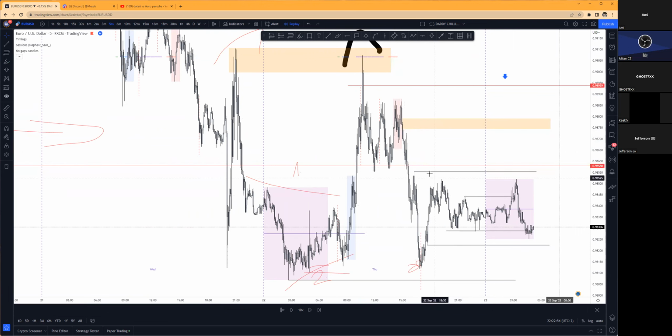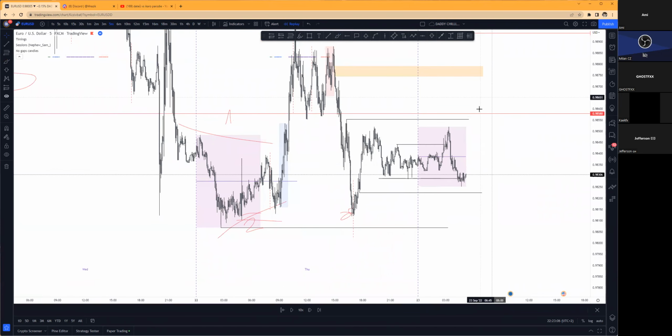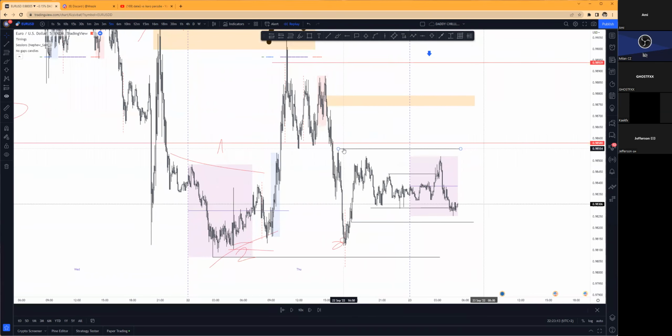Price is transferring orders super efficiently, leaving no momentum in it. So this is not what I would be looking for, buys higher, for sells higher. But if price does sweep the Asian high and sweep this liquidity, then yeah, no problems with that.